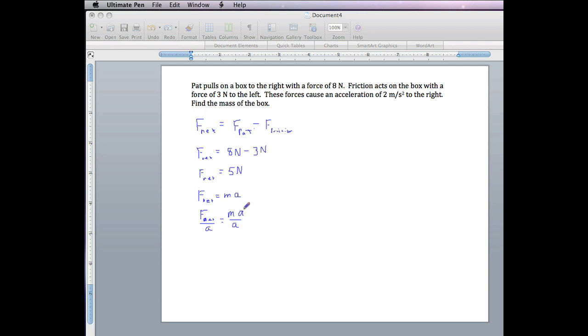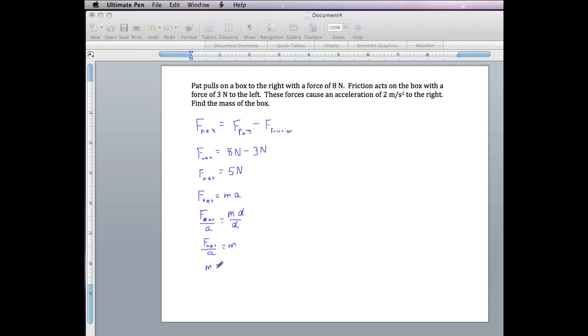That allows the acceleration to cancel on the right side of the equation, and we get the net force on the box divided by its acceleration is its mass.